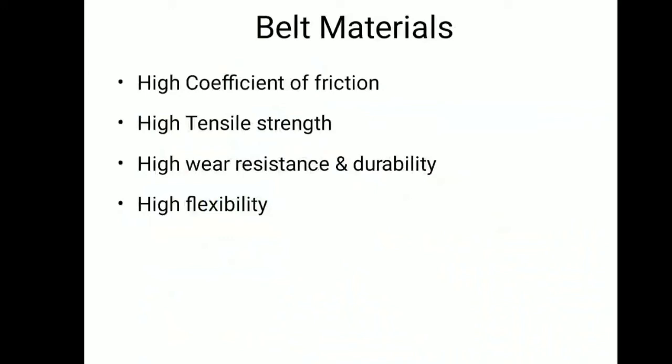Of course, because after a long time working there might be chances of elongation, and strain will develop in the belt. So to avoid that, it has high tensile strength. Third one is high wear resistance and durability, of course. Fourth one is it has high flexibility. That's why I told you we call this a flexible drive.